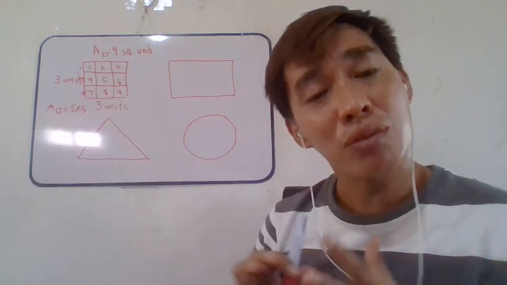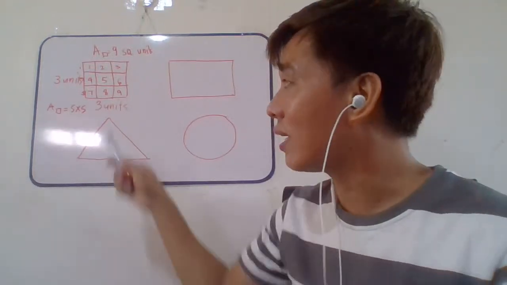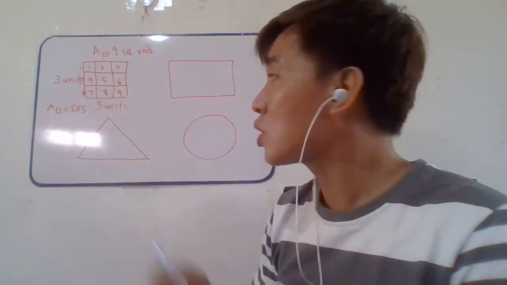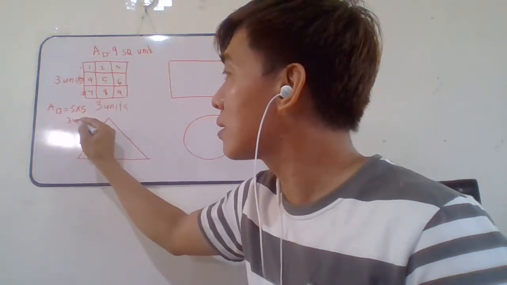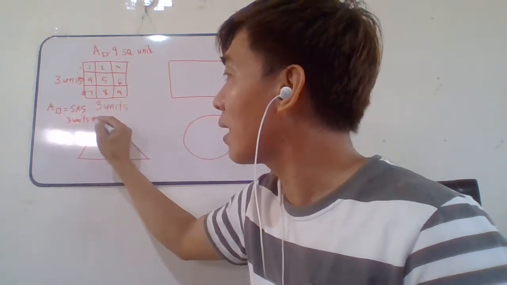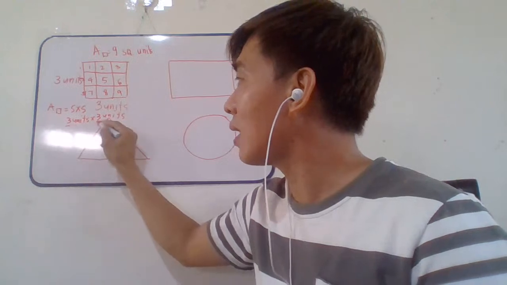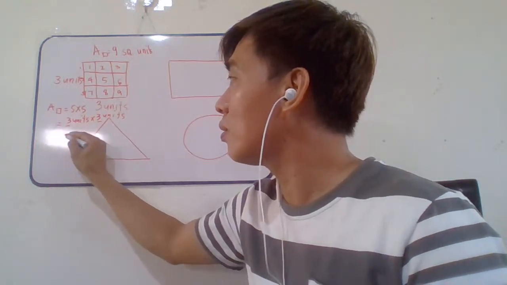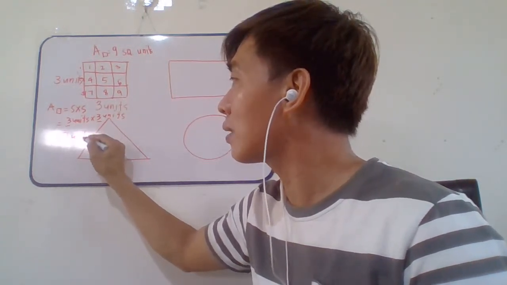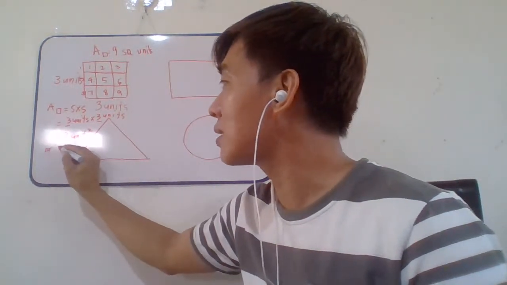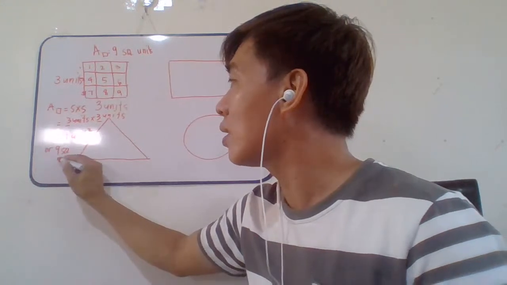The side here is 3 units, i-multiply mo sa side here nga 3 units. So, 3 units times another 3 units. That will give us 3 times 3 is equal to 9 units squared. Or that is also 9 square units.